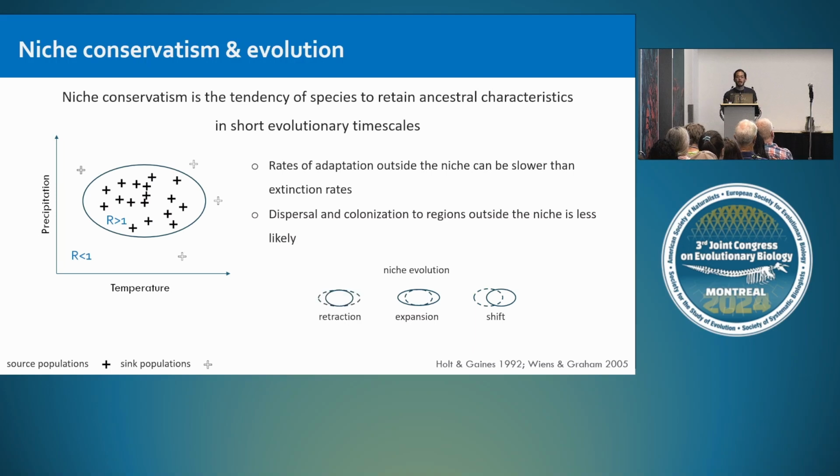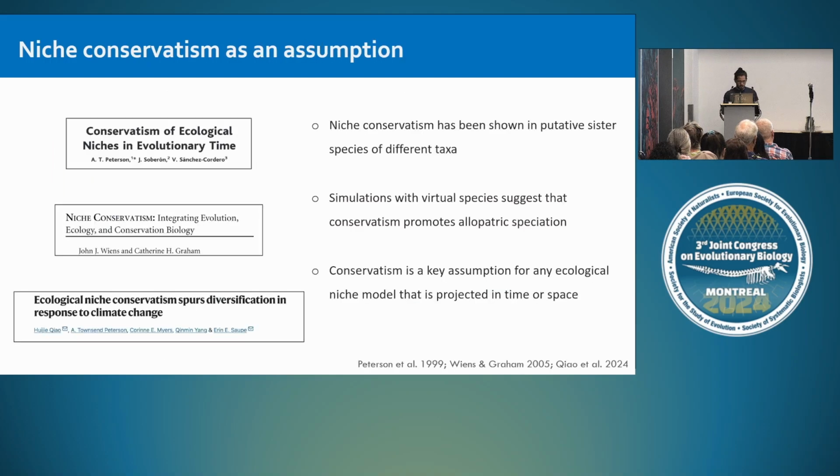However, we can also have retractions, right? And those could be caused by selective pressures or neutral pressures. So, Jonathan already pointed out some really cool papers that talk about niche conservatism and how it's a general pattern.